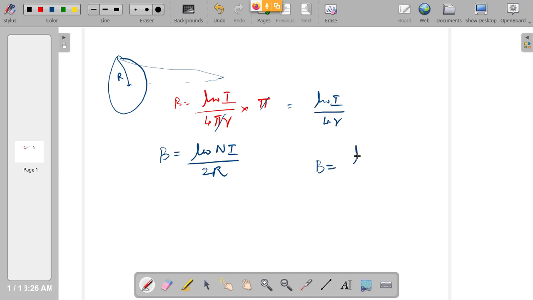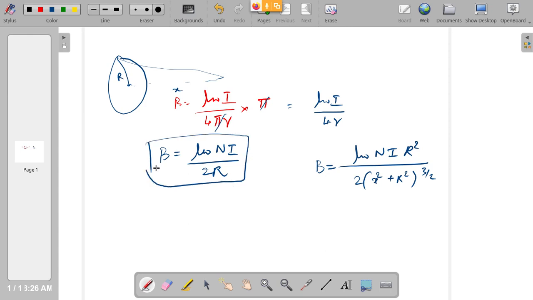B is equal to mu naught N I radius squared divided by 2 times the distance squared, that is x here in this diagram, plus the radius squared again, power 3 by 2. This formula you have to remember. Otherwise you have to directly apply this only. But I told you for 4 things you can remember only one formula. This is the formula.